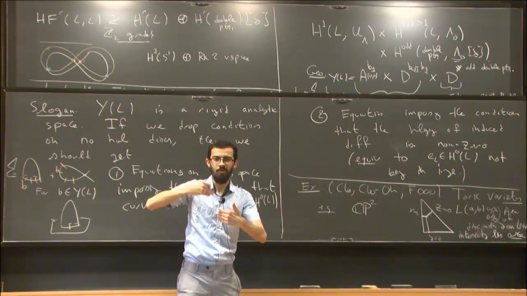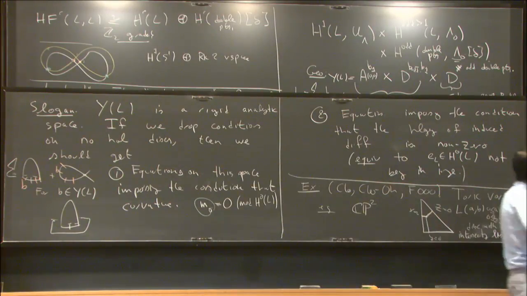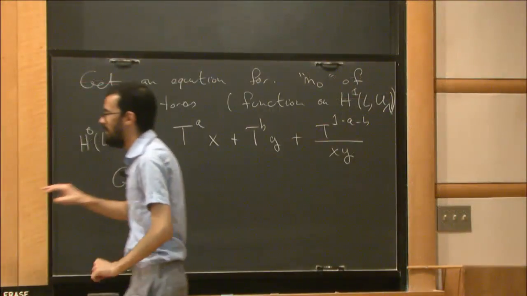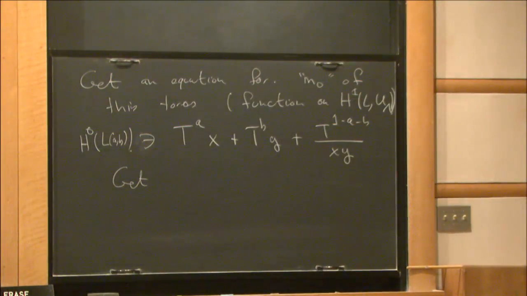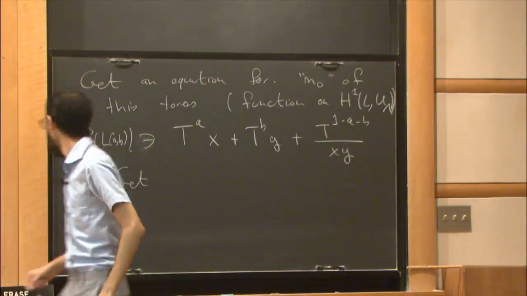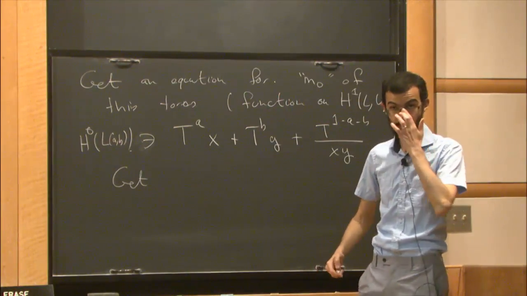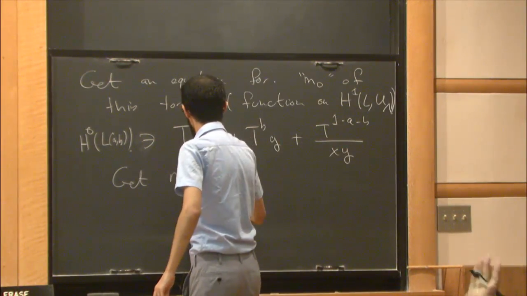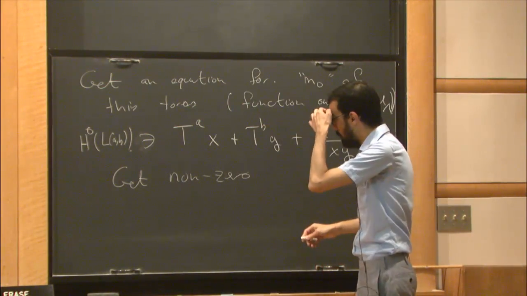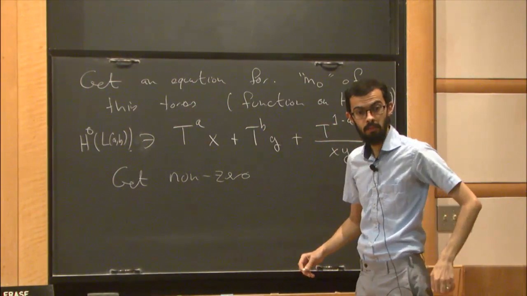You really get that this is the coefficient of m0 times the unit of L. So a is the area of such a disk. Yes, a is the area of this disk here. And b is the area of this disk, and 1 minus a minus b is the area of this disk. In other words, if you count m0, you only get some multiple of the unit class, and it's this multiple. So there's no other homology class.